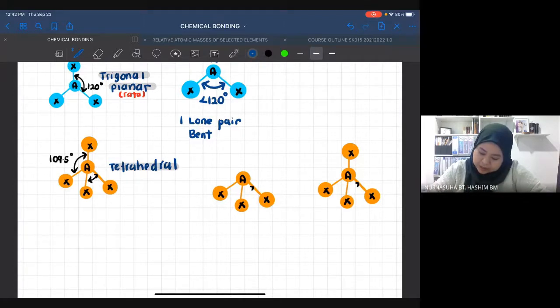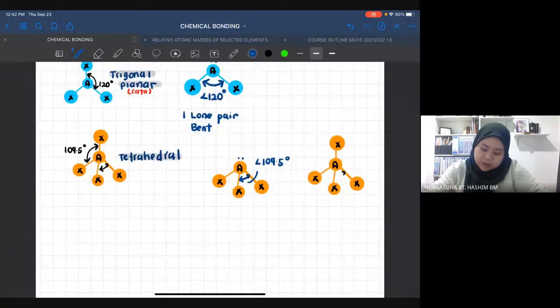So bond angle dia akan jadi less than 109.5. Originally dia ada bond angle 109.5, tapi disebabkan ada lone pair, so the bond angle become less than 109.5.